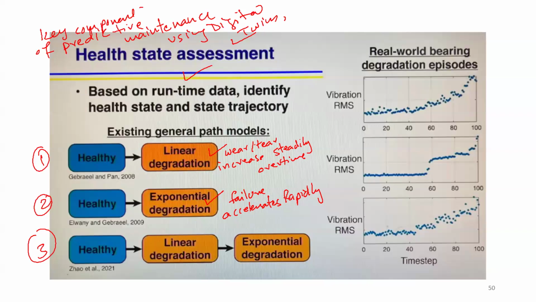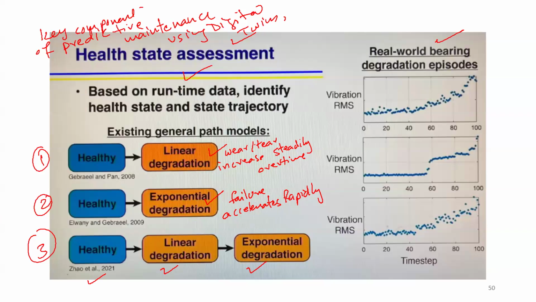The third is like a hybrid model, and here the system stays healthy for some time, and then it has a linear degradation, and after that it goes into an exponential failure phase. So these models help in selecting the appropriate maintenance strategies depending on the nature of the machine's degradation.